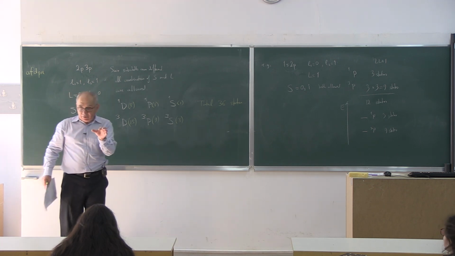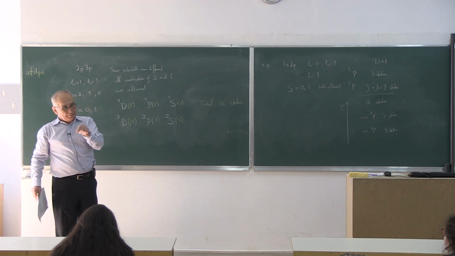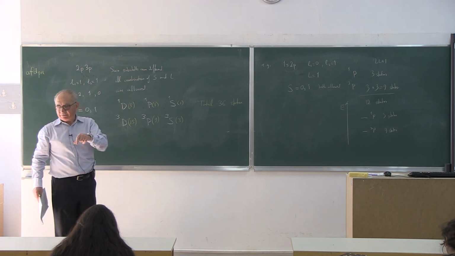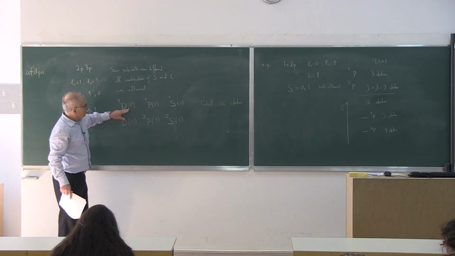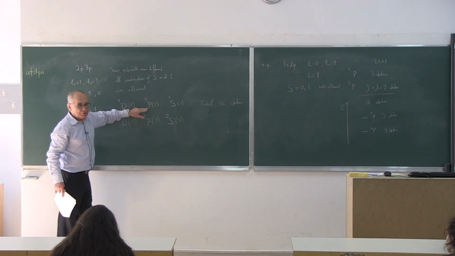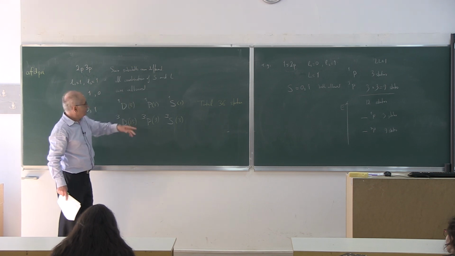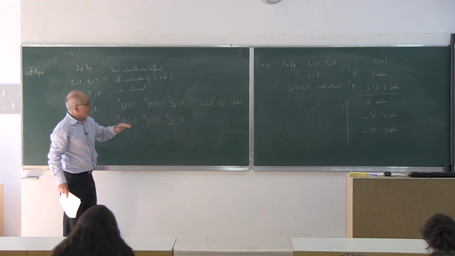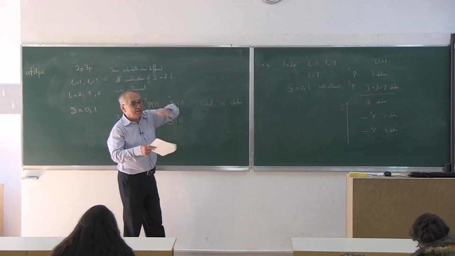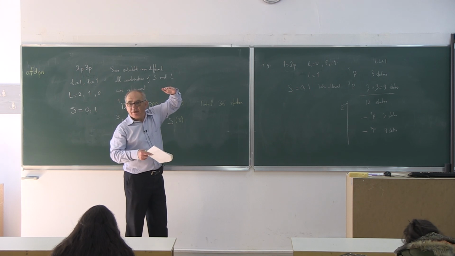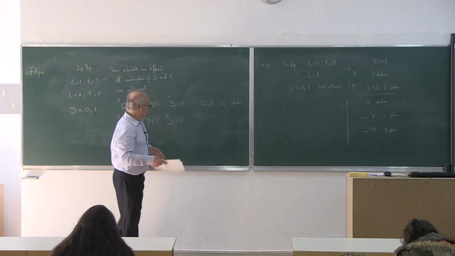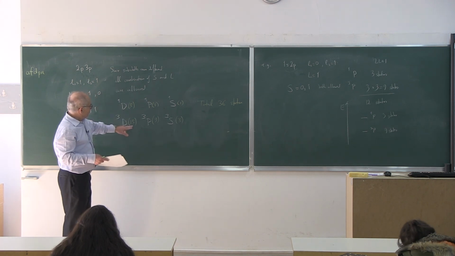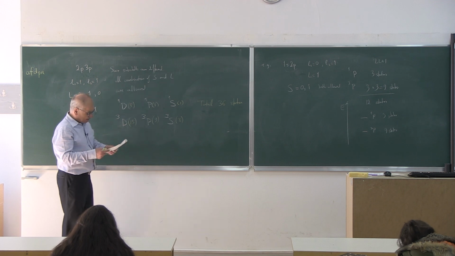Remember, energy depends on L value and also S value. But energy does not depend on ML or MS. So each one of these term symbols that you see here means a different energy. So 1, 2, 3, 4, 5, 6 different energies. These 36 states occur in 6 different energies, and number of states at each energy is indicated by the numbers in parentheses.